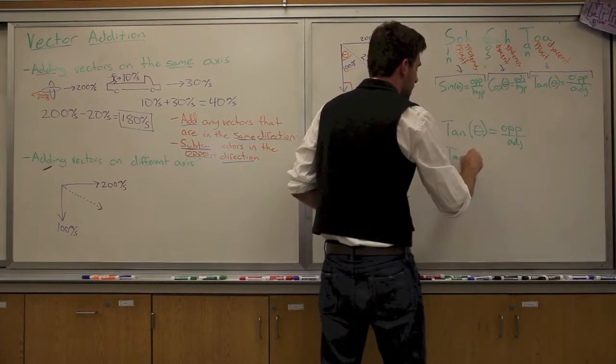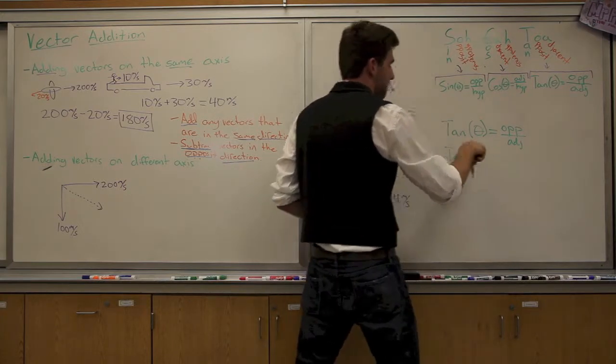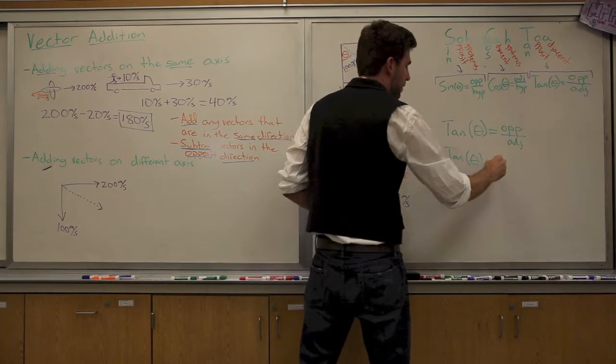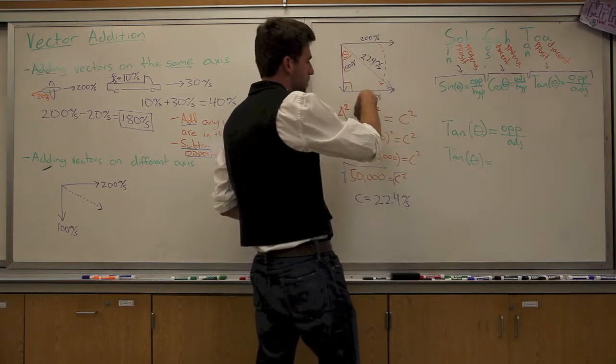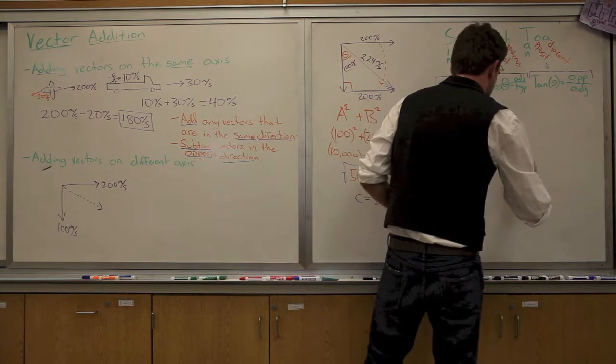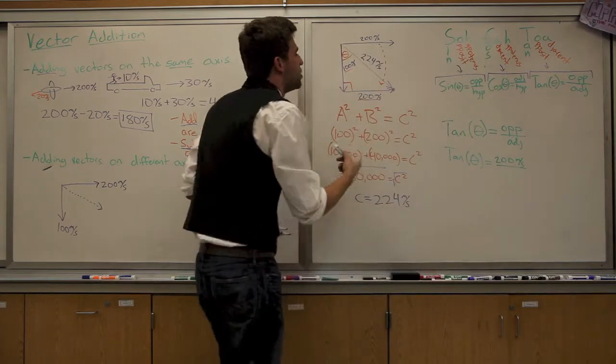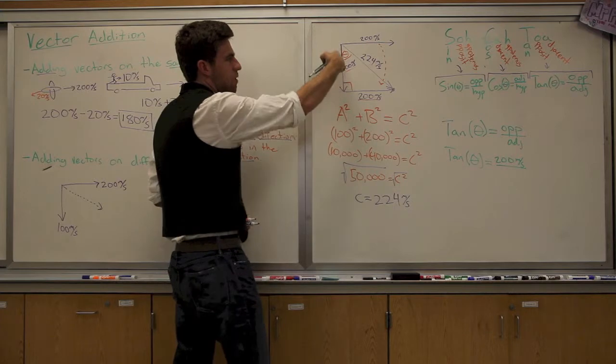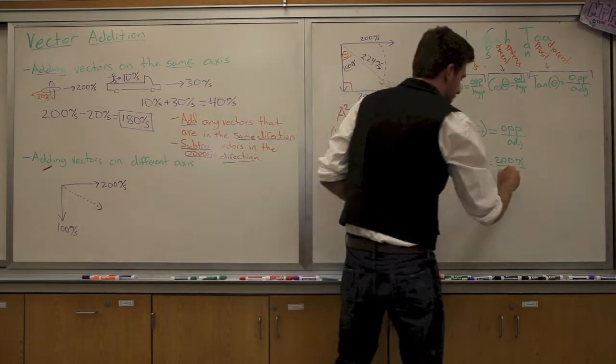So let's plug some numbers in. Don't forget we're trying to find this. We're trying to find the angle. So we need to plug in opposite, which is that 200 right there, over adjacent, which is going to be the side right next to the angle, 100.